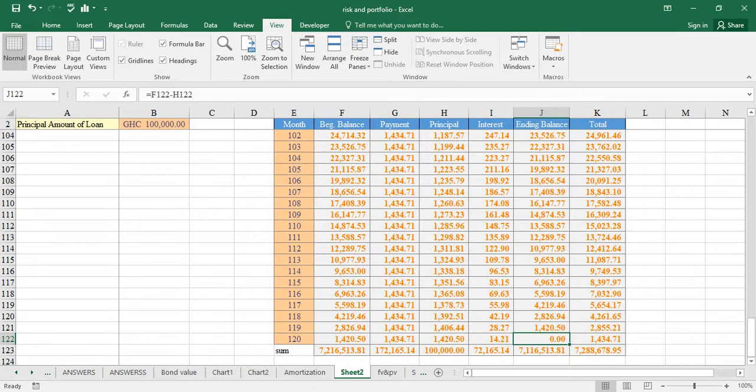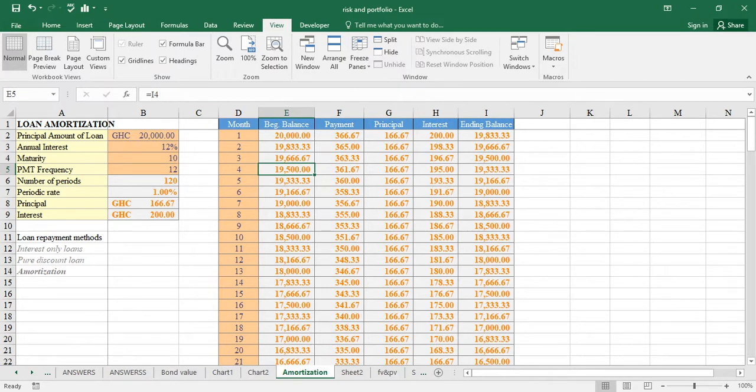So today we are coming to do the other type of loan amortization repayment. With this method, as we have already estimated, we will do it again. The total payment reduces over time. So as you can see here, the total payment is declining. It is not fixed as we saw over there.